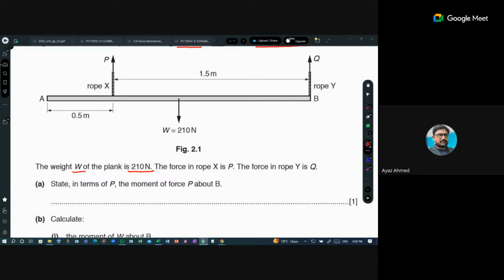I told you that if it is a uniform rod, its weight would be exactly at the center. So here is the center of this rod. So here is center of gravity as well. It is 210 Newton in this situation. The force in rope X is P, and force in rope Y is Q.